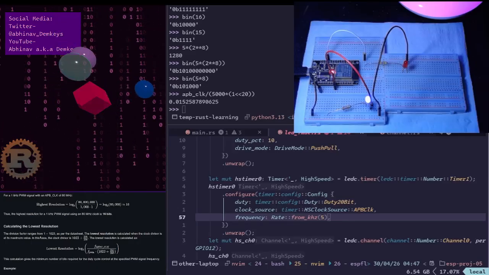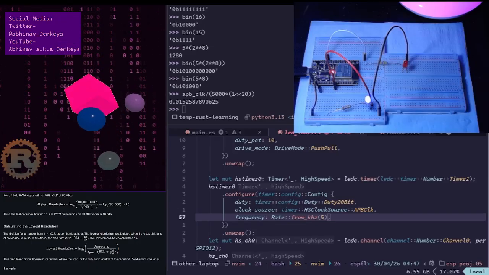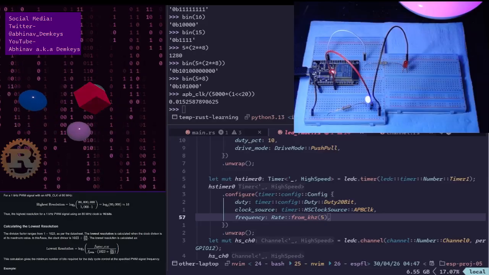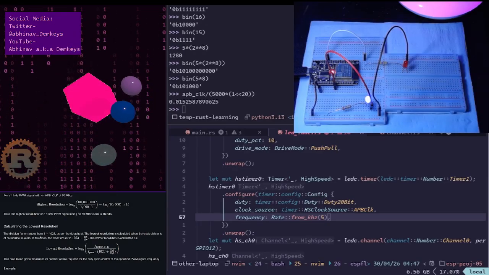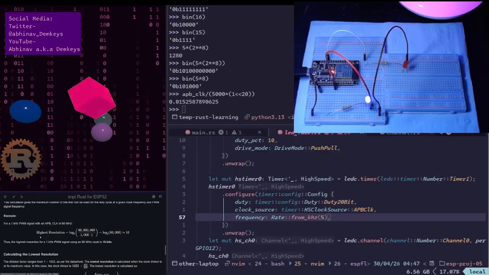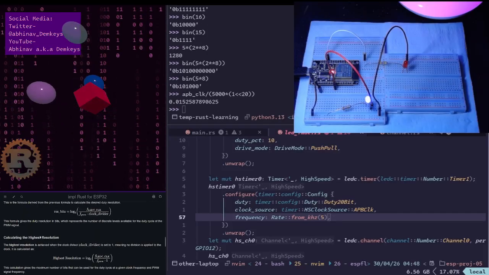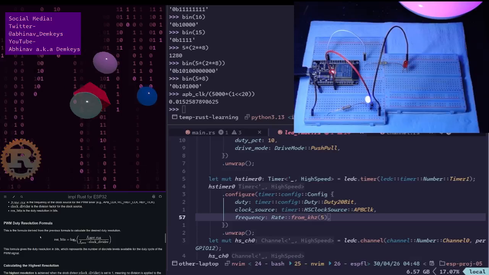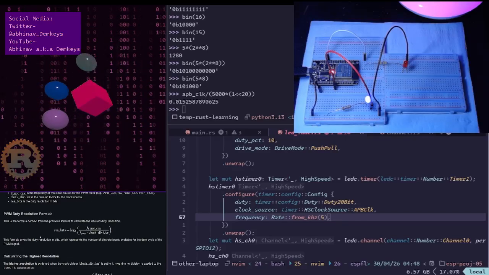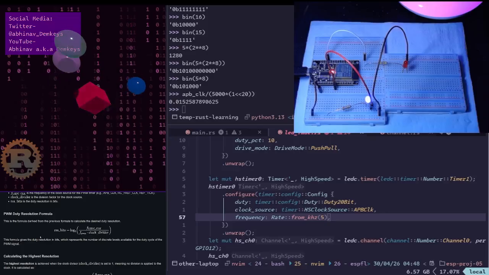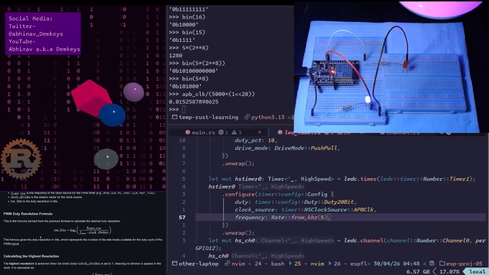There's a problem. So this is a 20-bit. How do we calculate what the resolution is going to be? I think it's res bits, log 2. We have our divider, so we can calculate it like that.